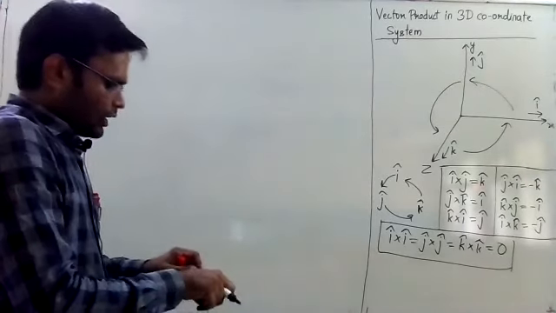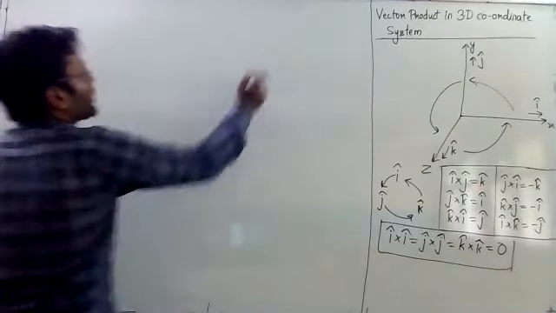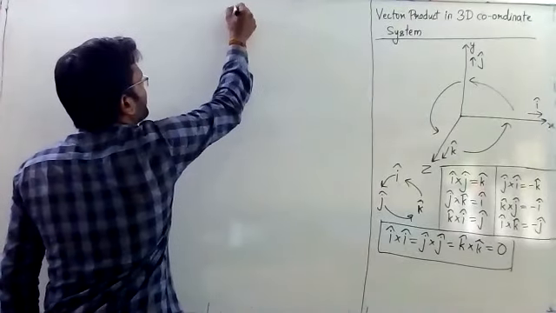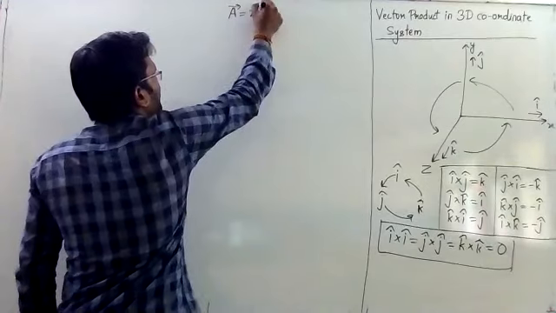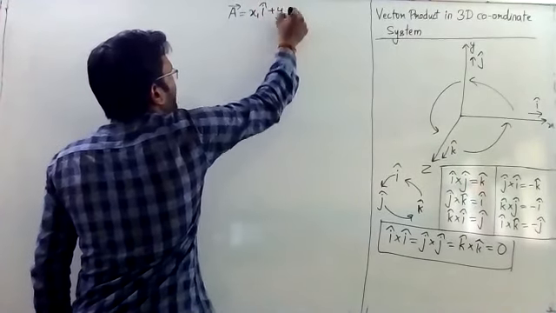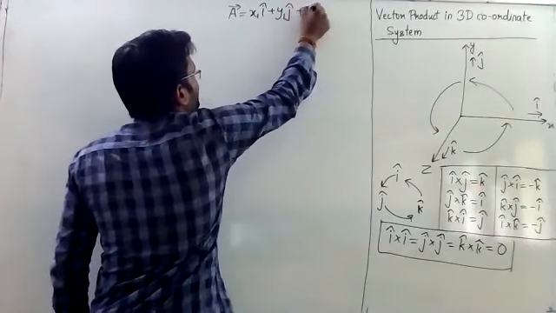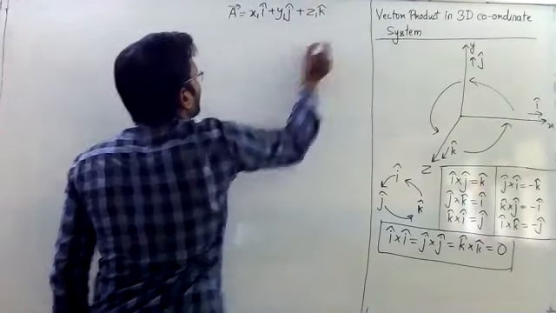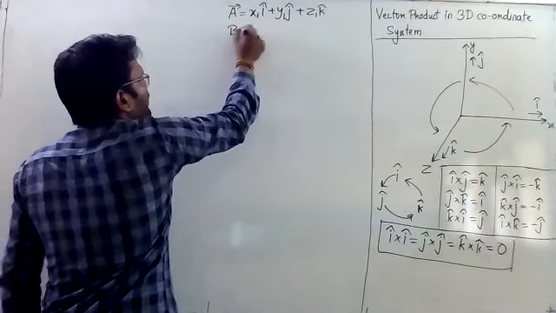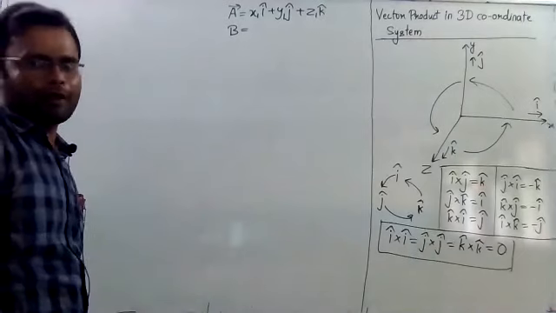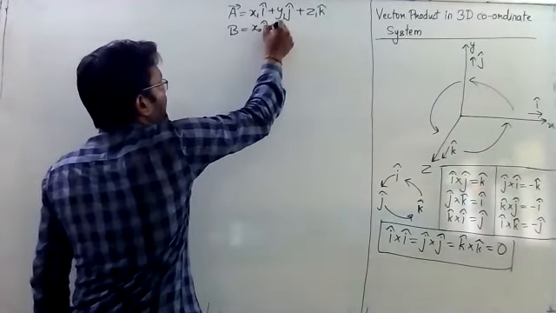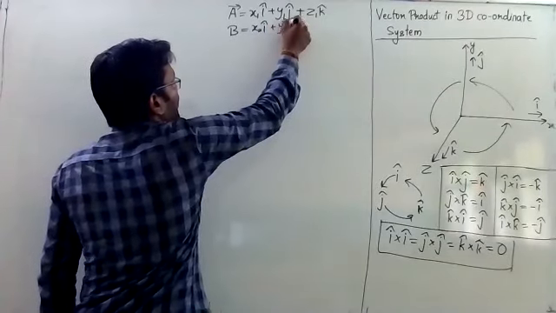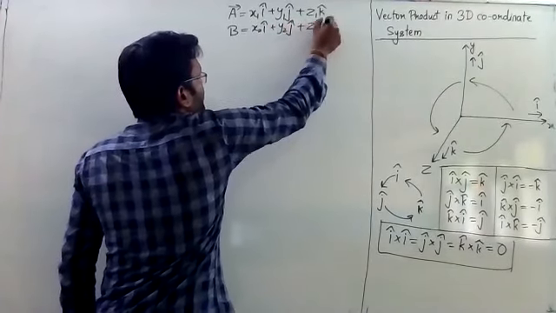Now I am taking two vectors in 3D coordinate system. The first vector A is equal to x1 i cap plus y1 j cap plus z1 k cap, and B vector is equal to x2 i cap plus y2 j cap plus z2 k cap.